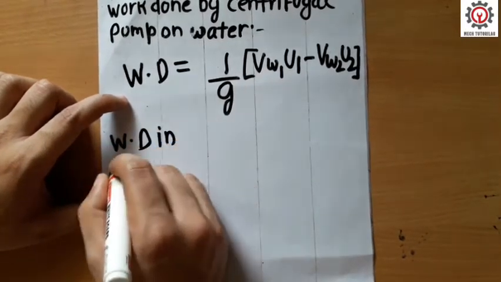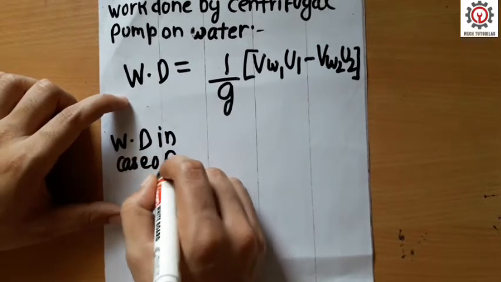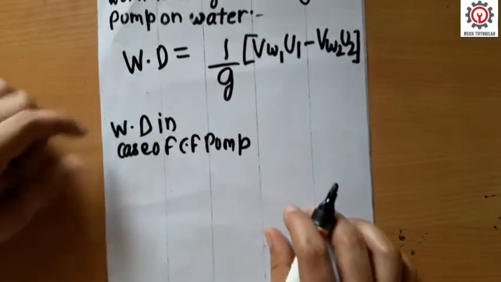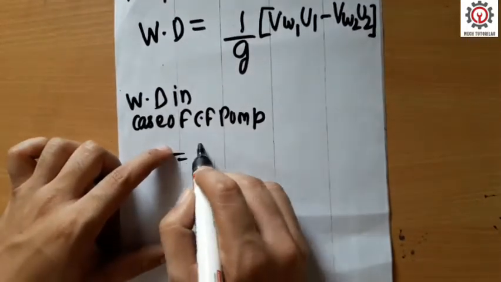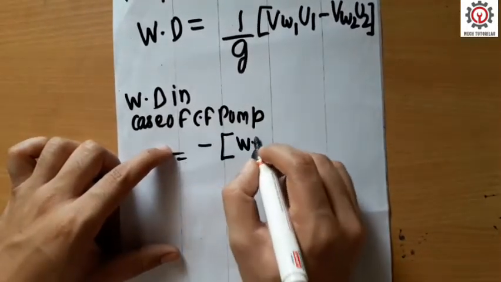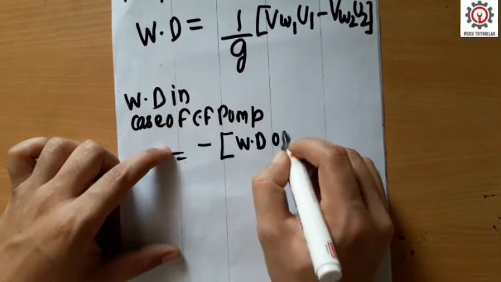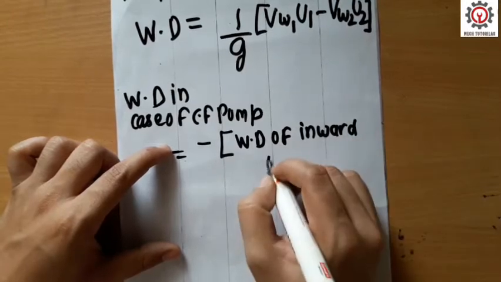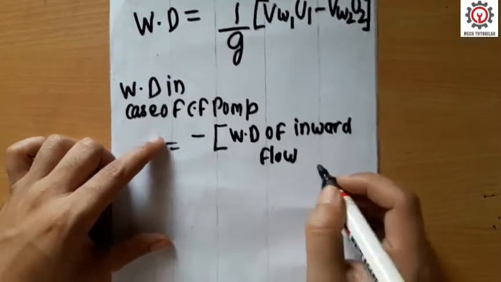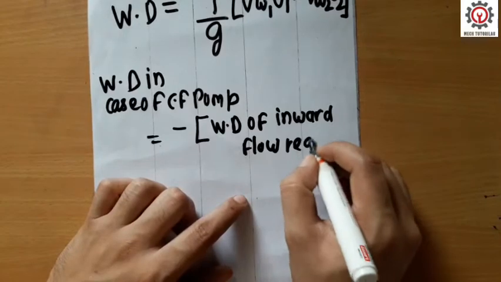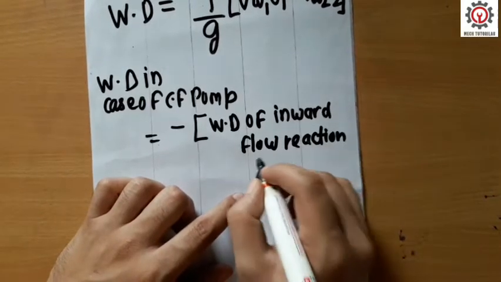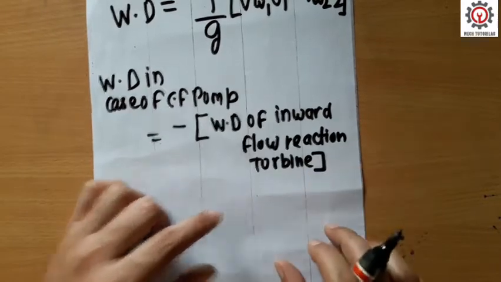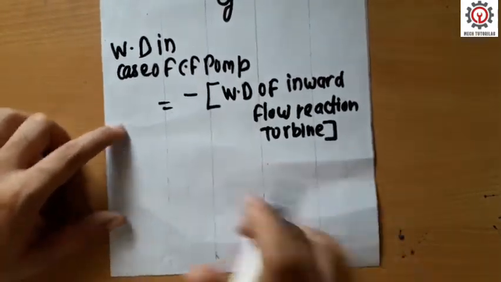in case of a centrifugal pump is equal to the reverse of work done of the inward flow reaction turbine.